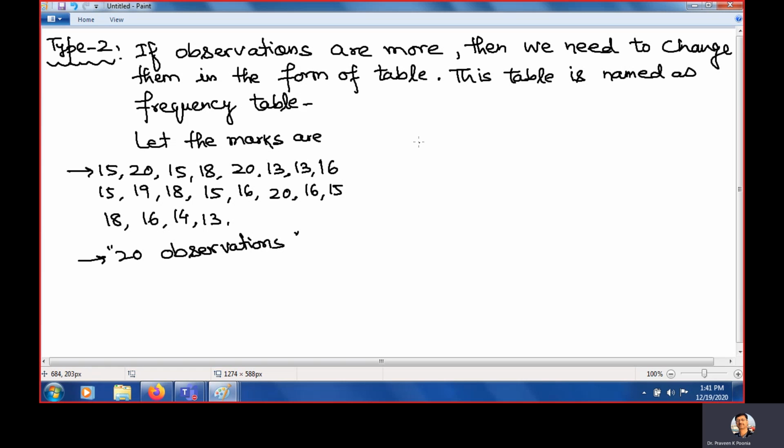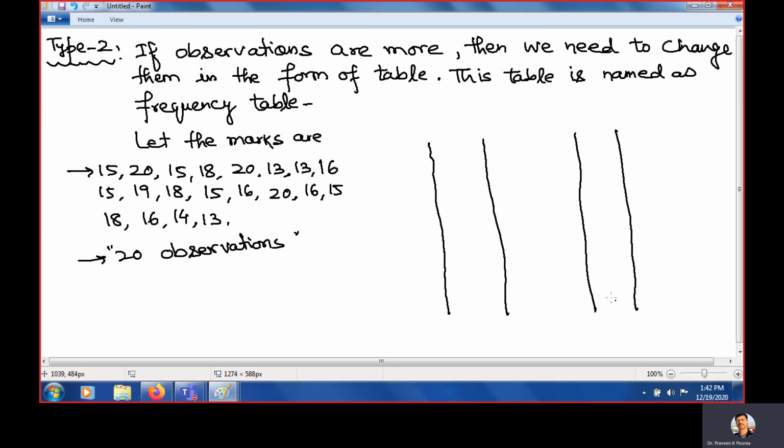And so we will form a table. How can we make it? You need to draw a vertical line, another vertical line, and another vertical line, and this is the final line. So how are we going to do it? We are going to write the marks here, then the frequency and total.